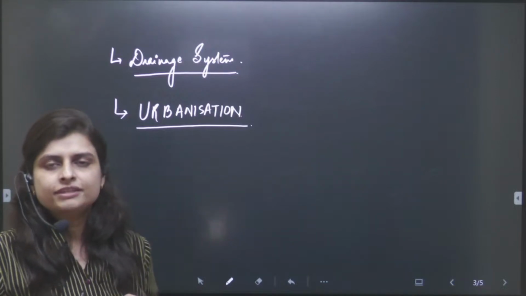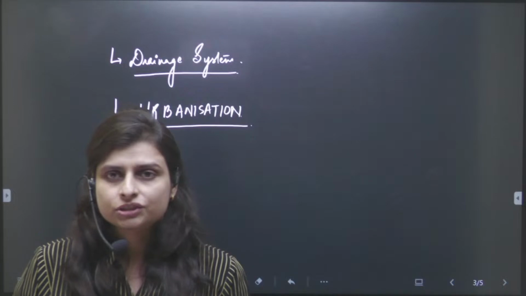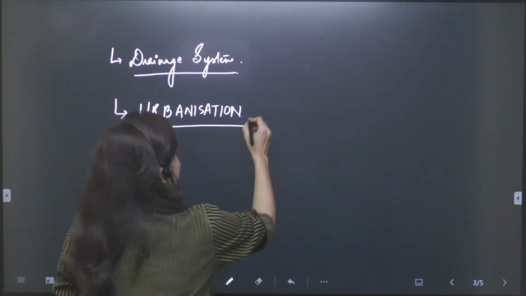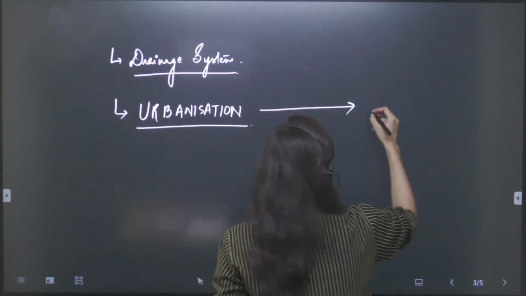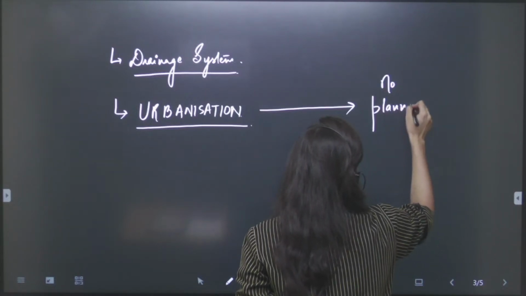So firstly, we are facing issues with drainage system. Secondly, we are facing issues with urbanization. Why? Because we are not having planned urbanization. That means there is no planned urbanization.